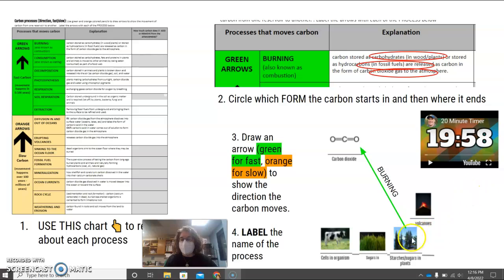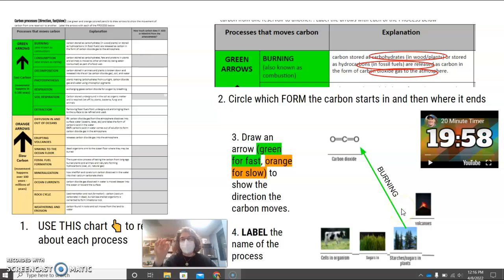You are going to start at the starting spot. One of our starting spots for this is wood and plants. If that wood is burned, it's going to release carbon dioxide gas to the atmosphere. So using green, because this is a fast carbon process, I've drawn an arrow from the plants to the carbon dioxide in the atmosphere, and I've labeled that process burning.